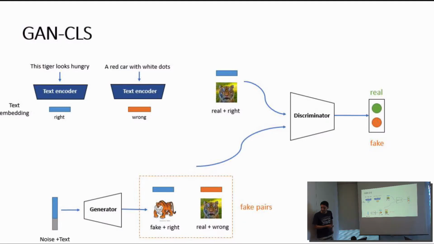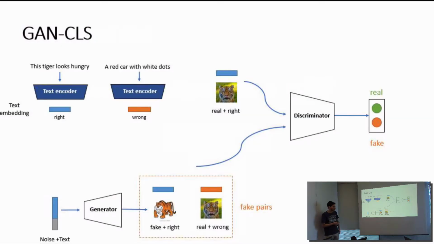Why would you ever have the wrong one? Because your training data will always have the right one. Here, for example, we present a real image with wrong text. The nice car and the tiger, for example, or the red car with white dots, something like this.